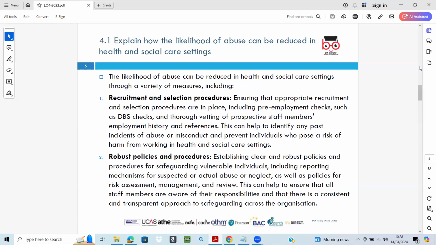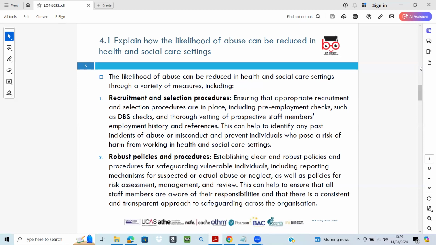In a supportive environment, staff and patients are more likely to report suspicious behavior or abuse because they feel their concern will be taken seriously and addressed promptly, which can prevent escalation. So this is again important.